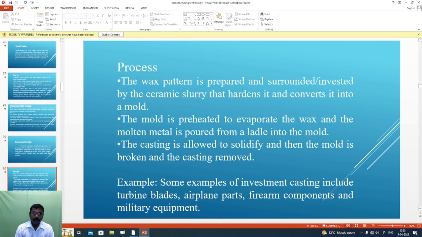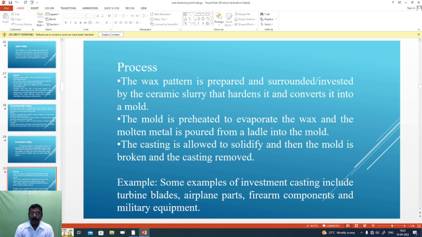In this process, the wax pattern is prepared and invested with ceramic slurry, then hardened and converted into a mold. The mold is preheated to evaporate the wax and the molten metal is poured from a ladle into the mold.